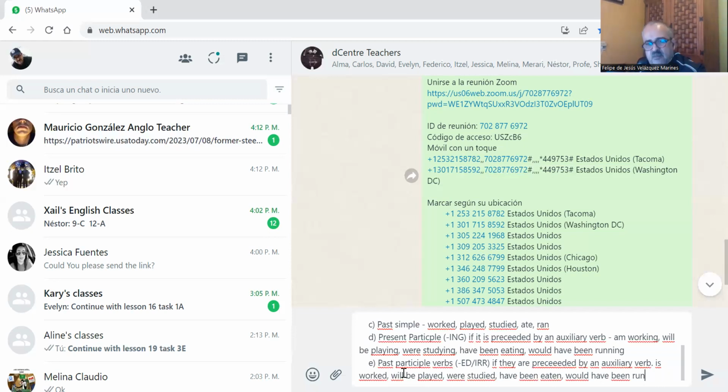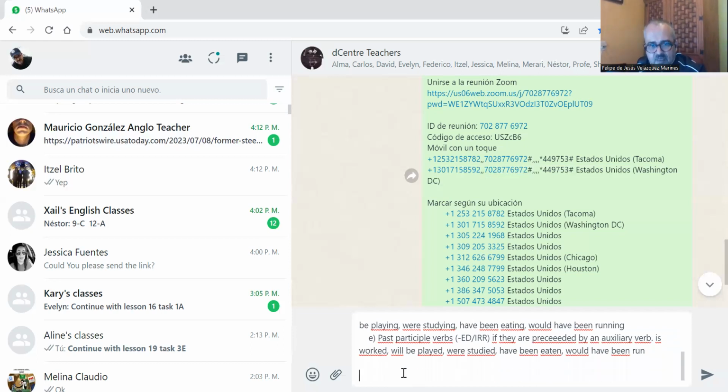Now, infinitives are not verbs. For example, to work, to play, to study, to eat, to read, to run are not verbs.